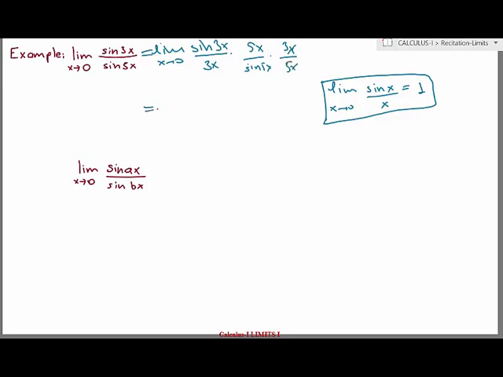So nothing is changed. And we know that sine 3x over 3x is 1 when x tends to 0. 5x over sine 5x is also 1 by this fact, when x tends to 0. So we have the limit of 3x over 5x. If you cancel this x, we have 3 over 5 as the answer.